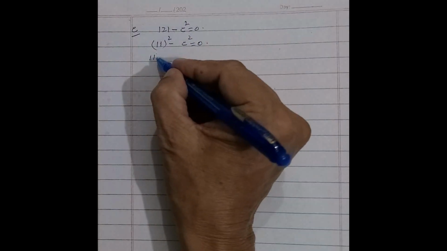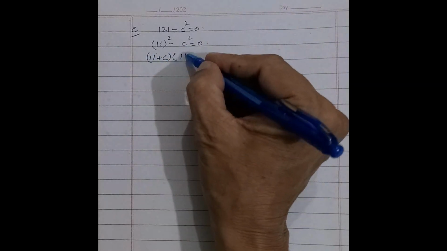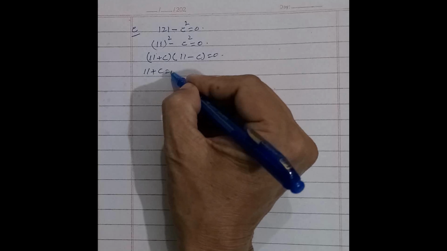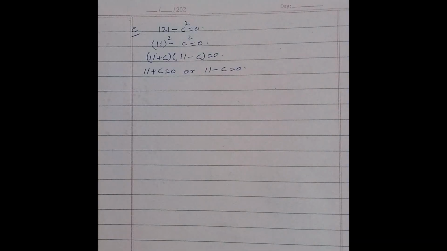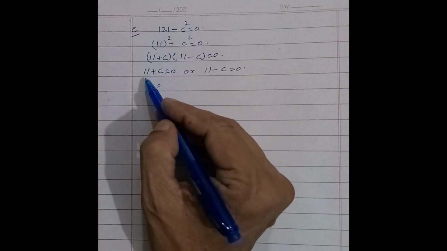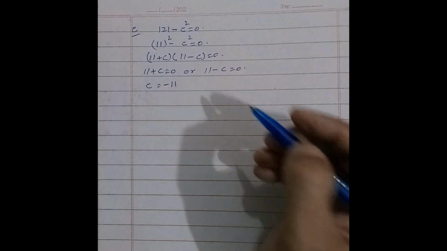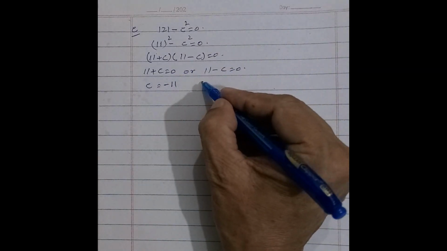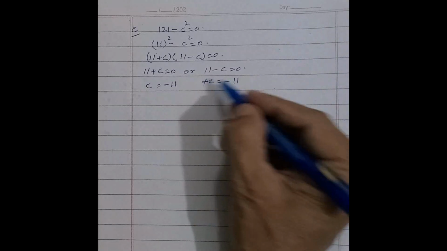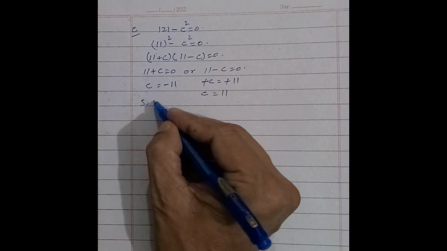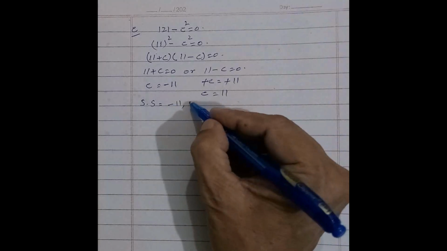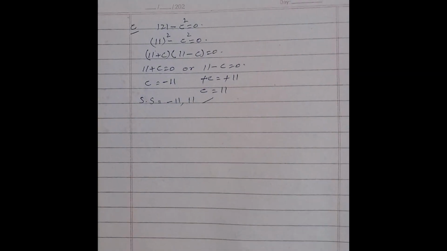So we write it 11 plus c into 11 minus c is equal to 0. Now find the value of c. We write it 11 plus c is equal to 0 or 11 minus c is equal to 0. So we find the value of c: shift 11 to the right side, we get c is equal to minus 11, and the other value is minus c is equal to minus 11, minus cancels with minus, so c is equal to 11. So the solution set is minus 11 and 11, the answer of part C.